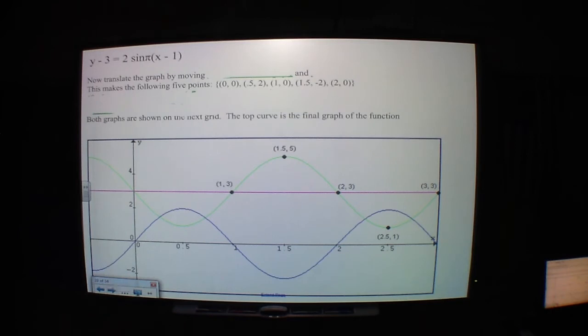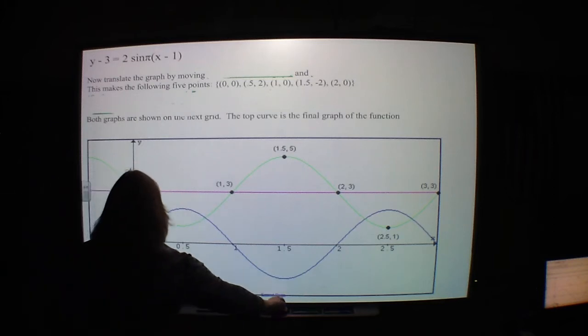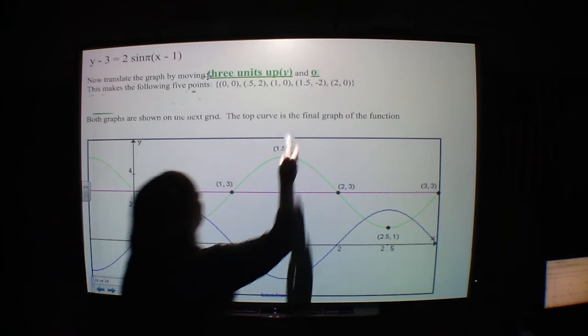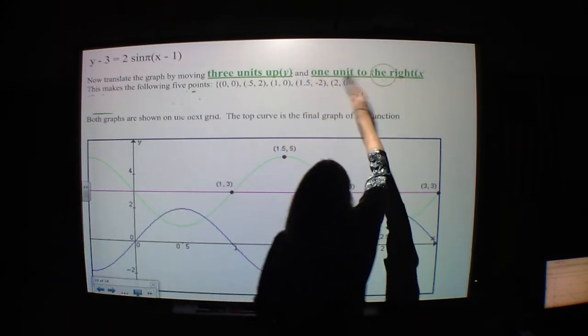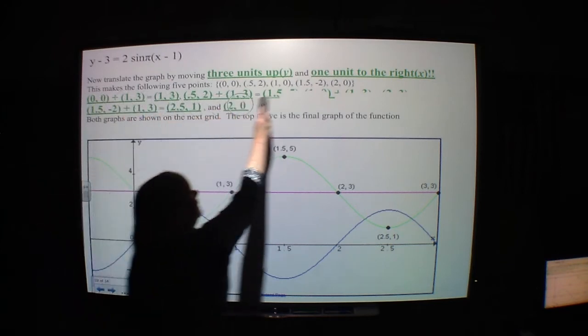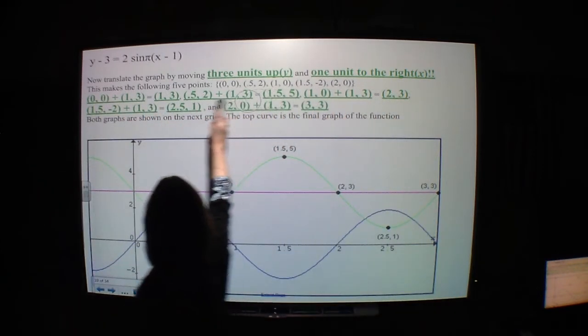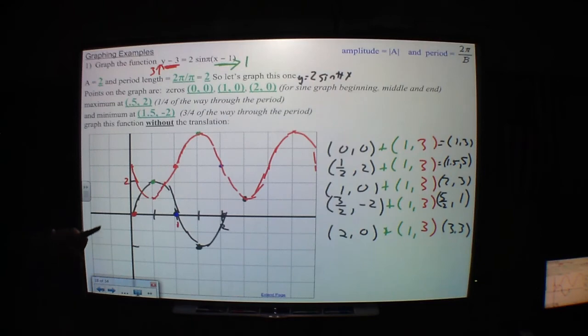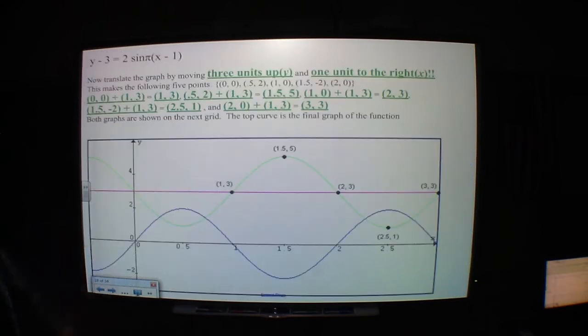So you translate a graph by moving 3 units up and 1 unit to the right. And here are the points that I had listed on the previous page. Same 3, 3, 2.5, 1, and so forth.